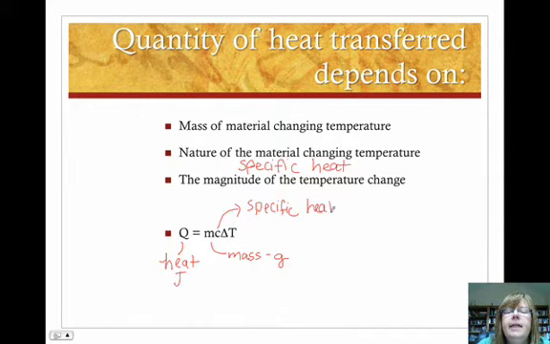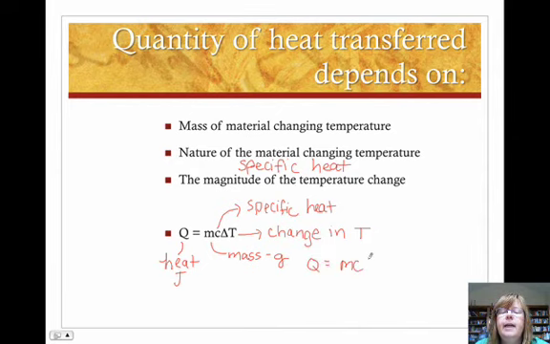And delta T is our change in temperature, and that change could be in degrees Celsius or it could be in Kelvin. All right, so this is an important equation, and it is in your reference packet. Q = mcΔT. Some people call it the MCAT equation. Also, I have seen a lot of places where the Q is a lowercase q as well.